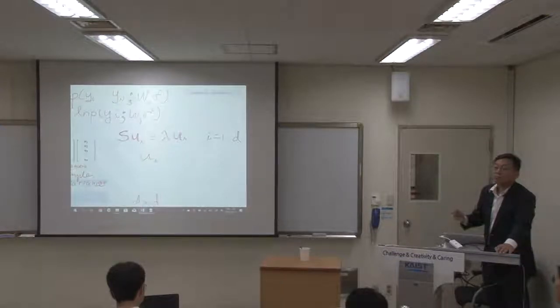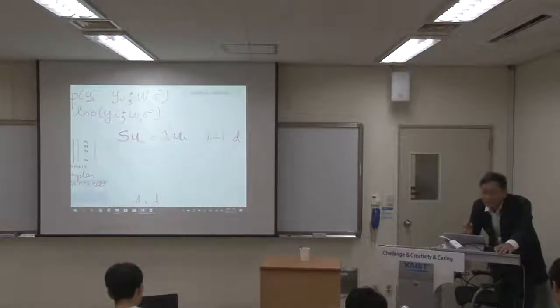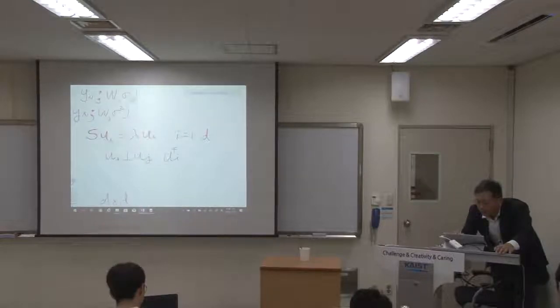What does orthogonal mean? u_i perpendicular to u_j. Or I take the inner dot product of u_i and u_j and it becomes delta ij.